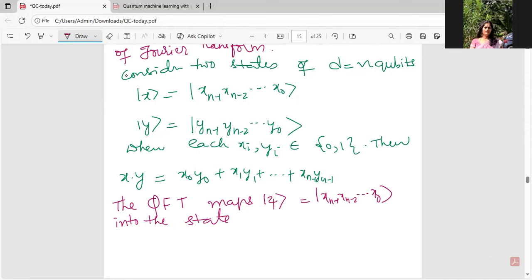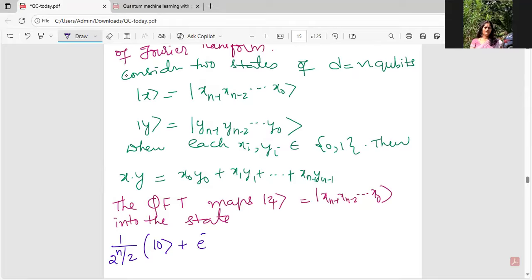How does the state look? I'll write with a different color. 1 by 2 power n by 2, ket 0. Why is it 2 power n by 2? Let's justify, don't worry.